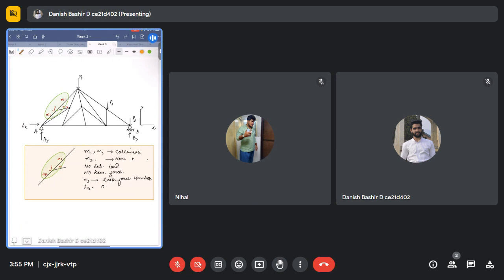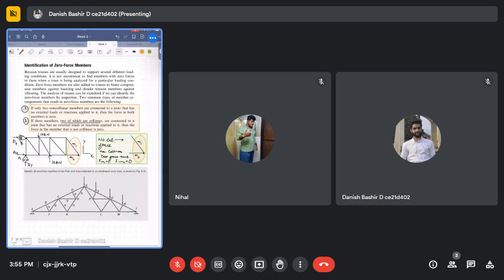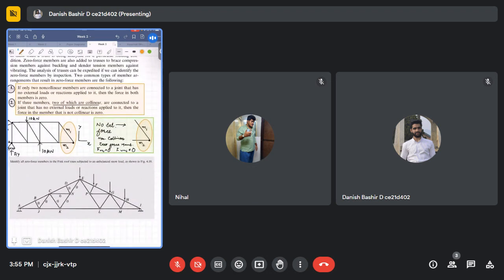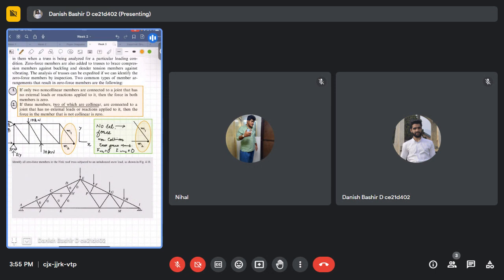Then it's very easy to do the numerical problems. These two things are clear. You have seen that with each concept I try to solve an example. So I have listed an example here: identify all the zero force members in the Fink roof truss subjected to an unbalanced snow load as shown. This roof truss is known as a Fink roof truss.